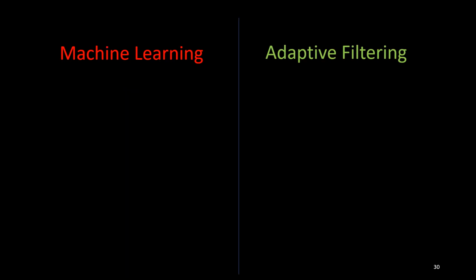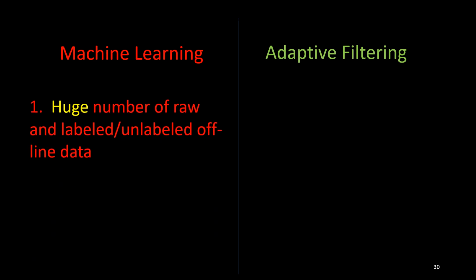So in this context, I just like to compare between machine learning and adaptive filtering. In machine learning, you will see that there is a huge number of raw and labeled or unlabeled offline data required. These are the requirement, because machine learning algorithm will accept a huge number of such data, then only it can train the higher level of neural networks.